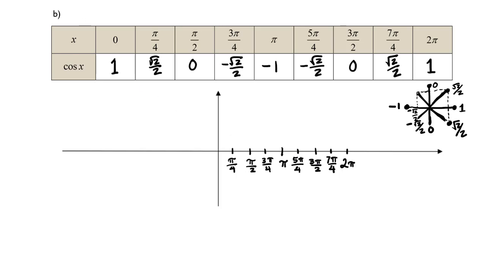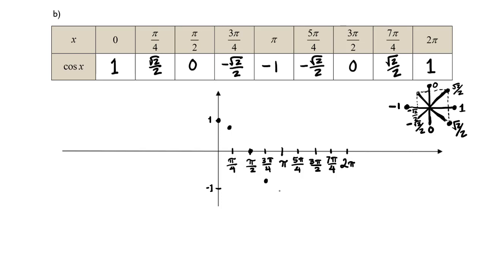Filling in the dots. At 0 radians, I'm at 1. At pi over 4, I'm at 0.7. Pi over 2, I'm at 0. 3 pi over 4, I'm at negative 0.7.